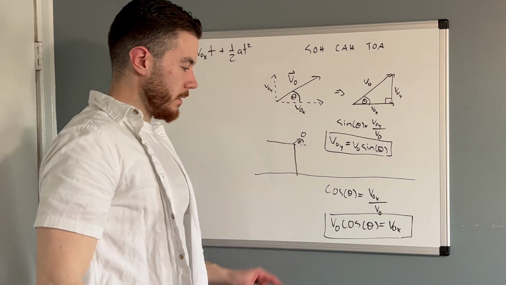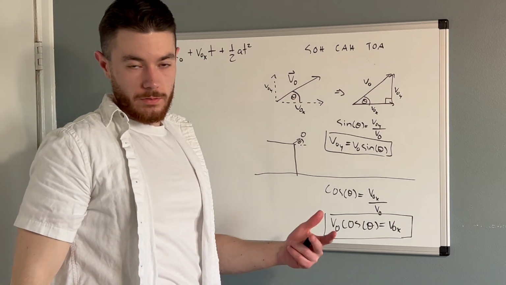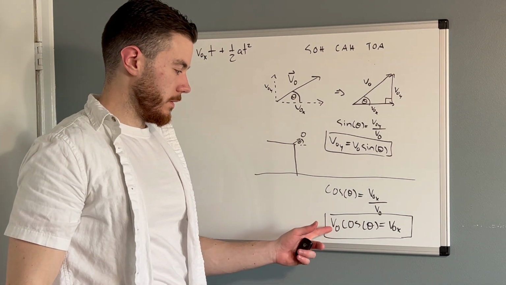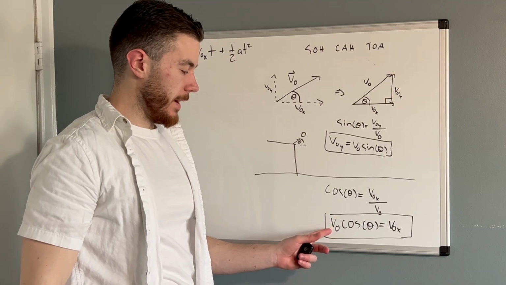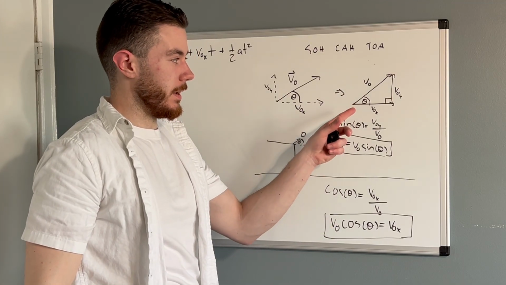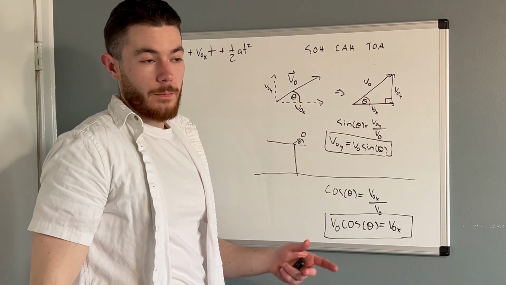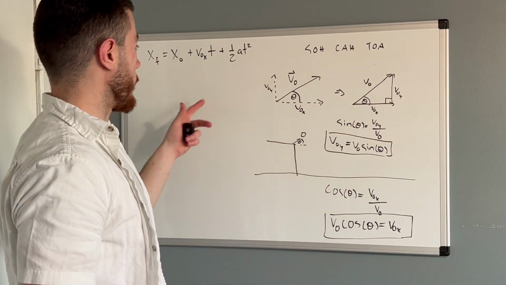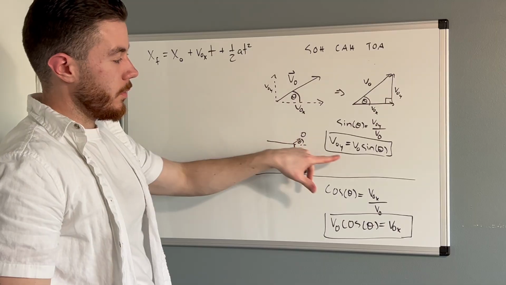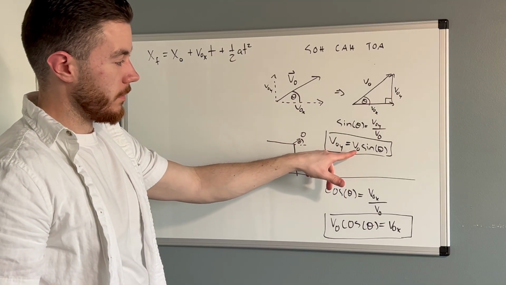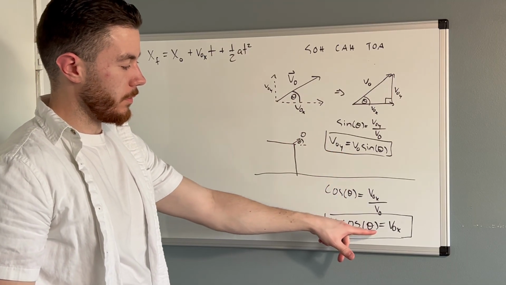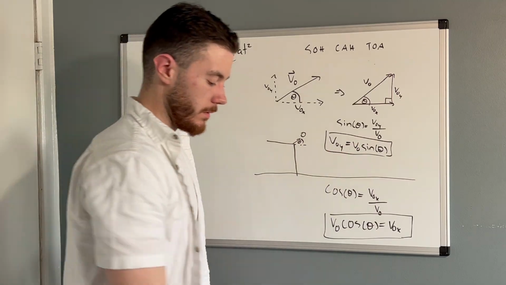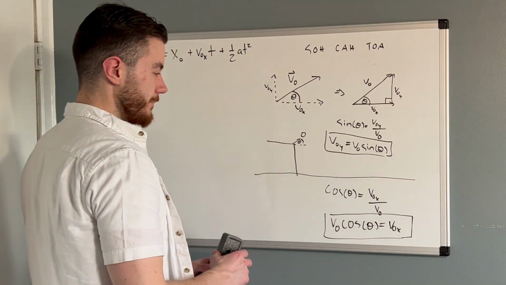So perhaps there's a problem where we're given the magnitude of v naught and the angle, but in order to solve one of these equations, we need v naught x. If we know the angle and the magnitude of the vector, we can solve for one of the components using these equations right here, just using basic trigonometry.